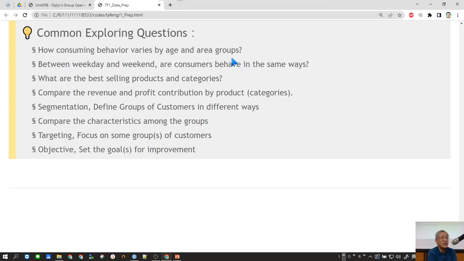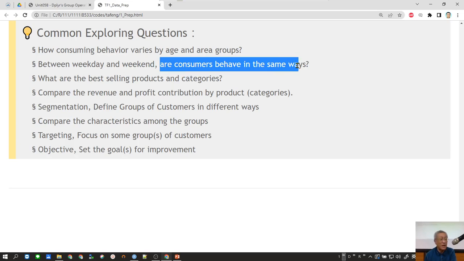You might want to see how the buying behavior varies within the customer groups. Between the weekday and weekend, customers might not behave the same way, right? In the weekend, they may have some products they want to buy. In the weekday, they might buy some other products.